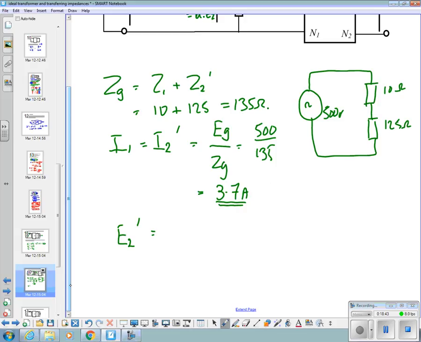Volts is I2 dash, the current, times Z2 dash. 3.7 times 125 equals 463 volts.